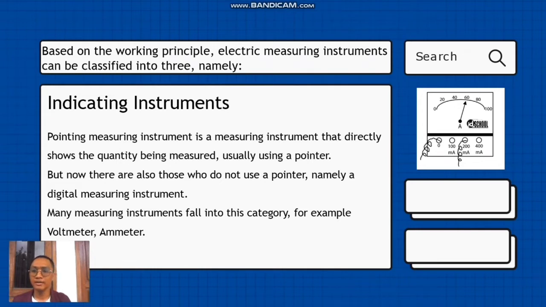But now, there are also tools that do not use a pointer, namely digital measuring instruments. Many measuring instruments fall into this category, for example voltmeter and ammeter. And that is the picture of an example of an indicating instrument.